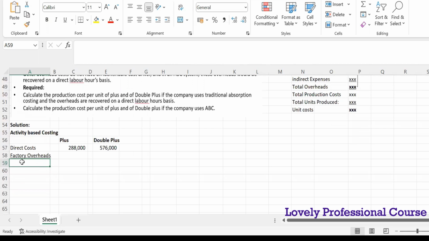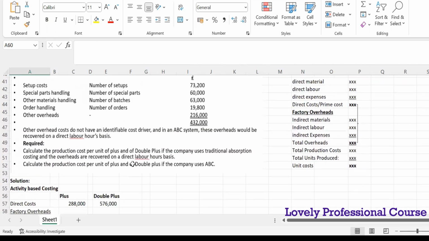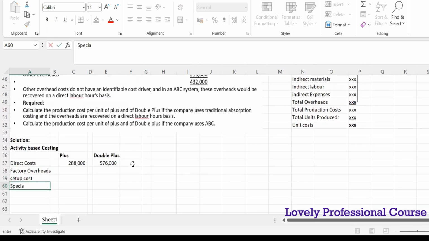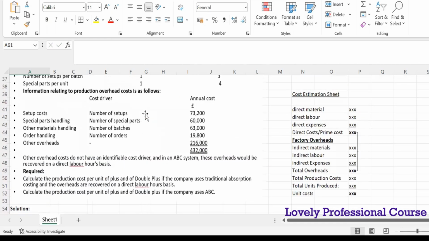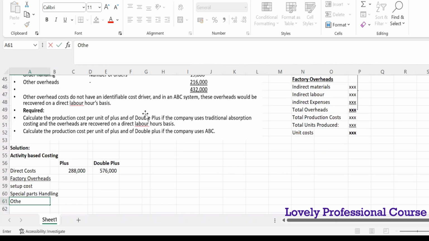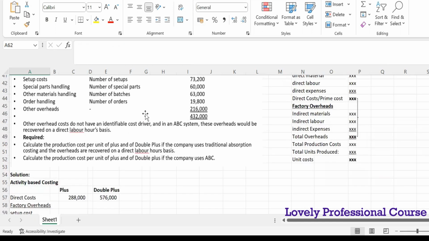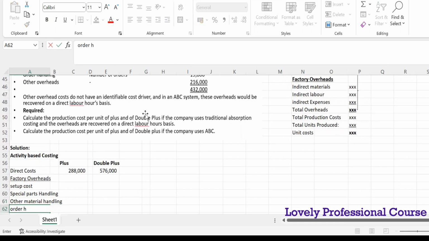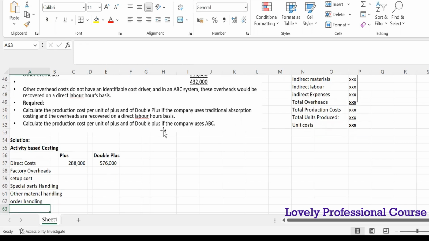So I have setup cost, where the activity happened is setting the machine. Also I have special parts handling, and I also have other materials handling, and I also have order handling, and I also have all other overheads.